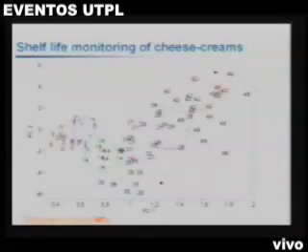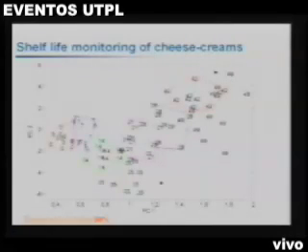So, this is the result of the principal component analysis. Here, each number represents a sample of mascarpone. So here we have all the fresh samples. Okay? Here we have all the samples after 1 week, after 2 weeks, after 3 weeks, and so on.